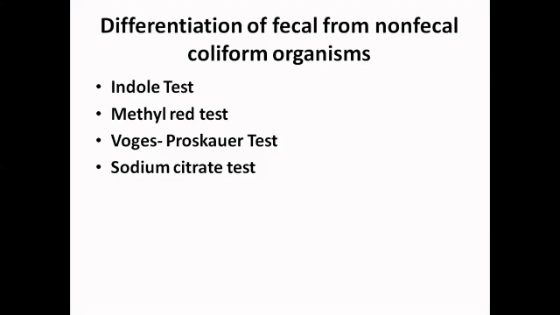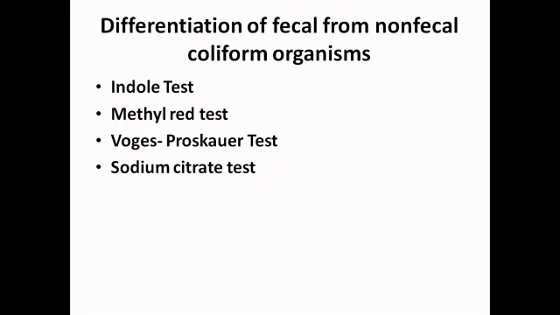Then the next test is the Voges-Proskauer test. In the methyl red test, the color change or pH drop is due to the formation of acid. The same principle: the pH drops due to the formation of different acids by Escherichia coli, and Aerobacter aerogenes or Enterobacter aerogenes does not produce this much acid with the glucose phosphate broth.